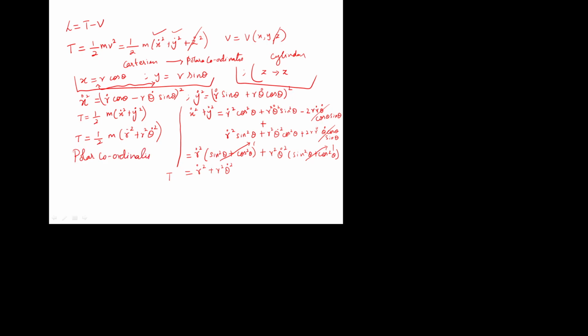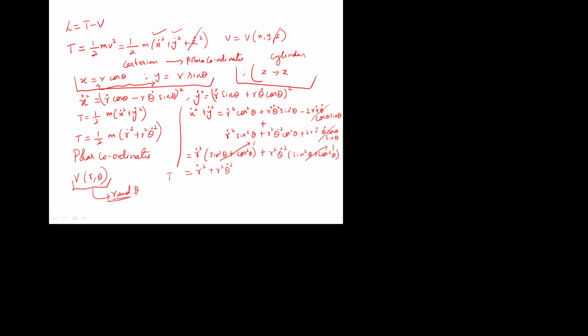The potential energy must be a function of r and theta, provided that the potential energy consists of only r and theta. We should not have any other terms in that potential energy.